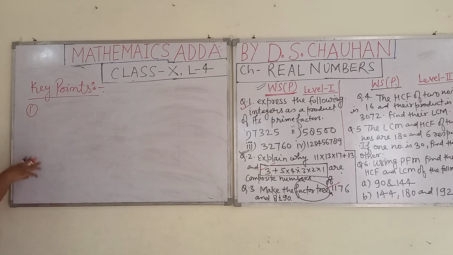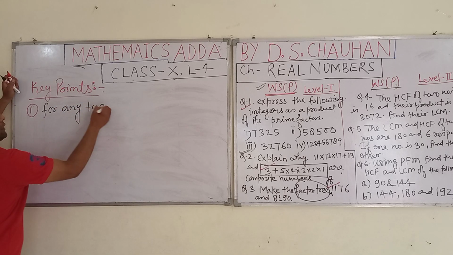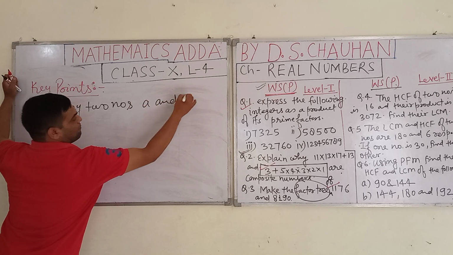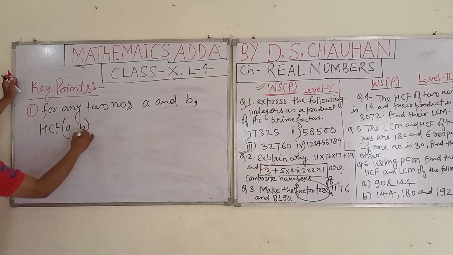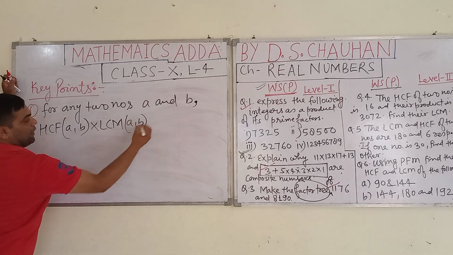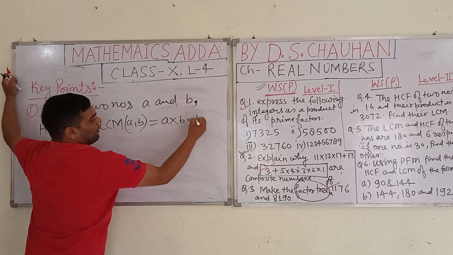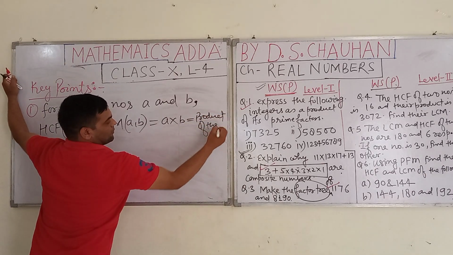Key point number 1: for any two numbers A and B, HCF of A and B into LCM of A and B is equal to A into B, which is the product of the numbers.